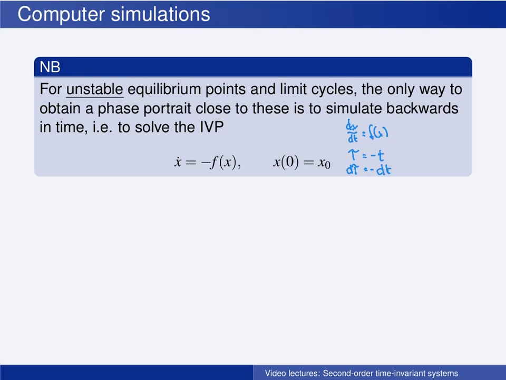And if we take the time derivative of x with respect to the new time tau, then this is equal to dx over minus dt, which is minus f of x. So we replace the original initial value problem with this one.